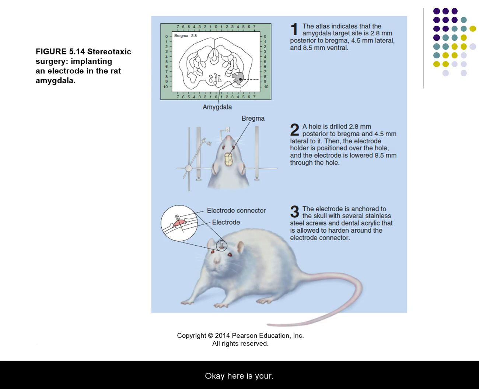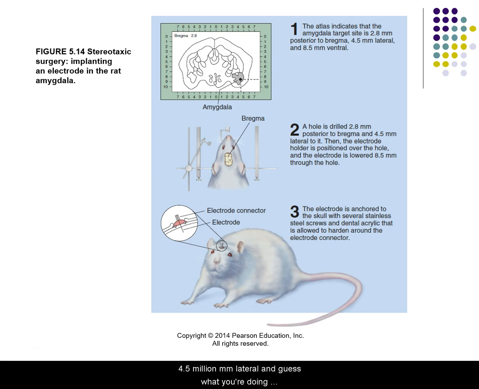Okay, here is your stereotaxic surgery. Up at the top, you have the atlas. This is just going to be a book. You just lay the book in front of you, and you have brain slices. Okay, and so you flip through the book until you find the brain structure that you're looking for. There's a term called bregma. Bregma is at the very top centermost point of the brain. So you can start at bregma, and then the atlas will tell you, okay, you need to move, like in this case, 2.8 millimeters posterior, 4.5 millimeters lateral.